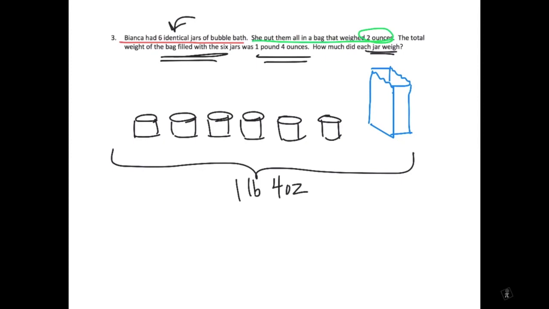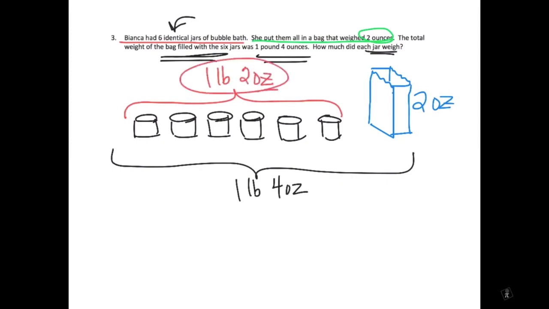Now, we know that the blue bag is 2 ounces. So if we do a little bit of subtraction, these 6 jars are equal to 1 pound, 2 ounces. Now, 1 pound, 2 ounces is equal to 18 ounces.